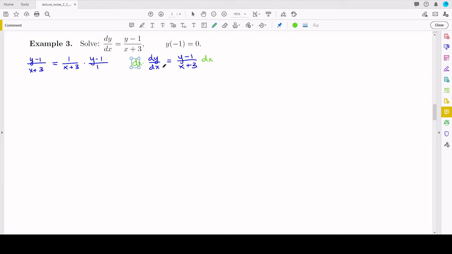The dx's cancel out, and we're left with dy equals, and I'm going to write this out as a product, (y minus 1) over 1 times 1 over (x plus 3) dx.